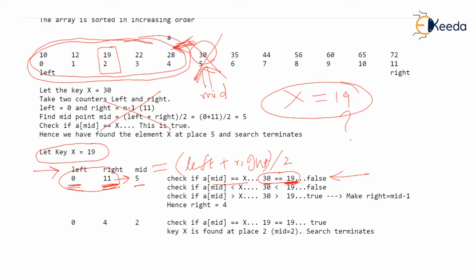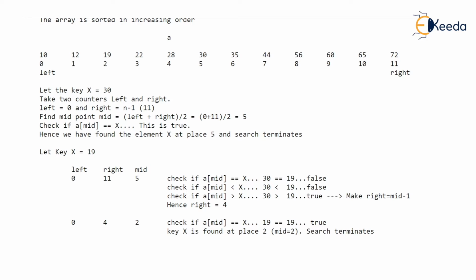Is that the right counter? I'll just clean the slate. The right counter here, which was 11, will no more be 11, but we got the mid as 5 and we know that 19 must be there to the left of mid. Then we will make right equal to mid minus 1. So here comes right.